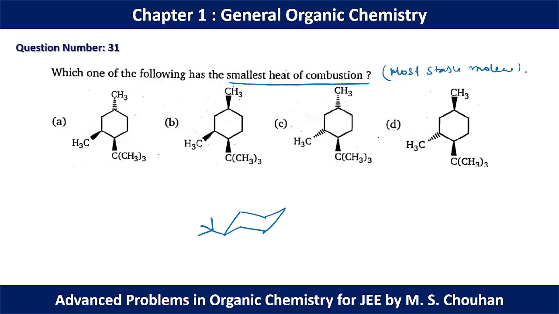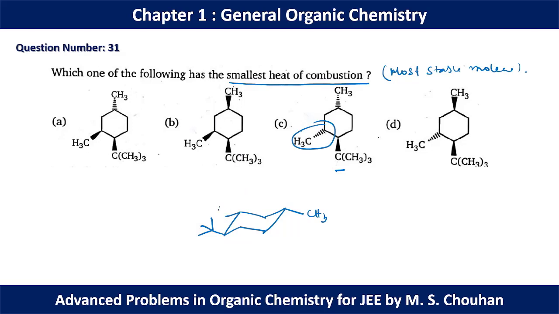So if it is placed in this position, and in this position we have another trans position, so if it is above the plane it should become below the plane, so again it will be in the equatorial position. And if it is above the plane and in this position it is present below the plane, so we can write it like this.